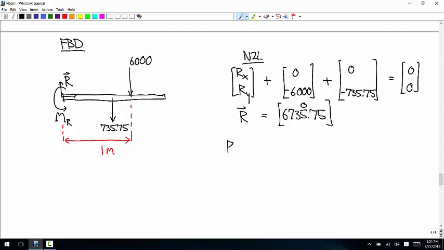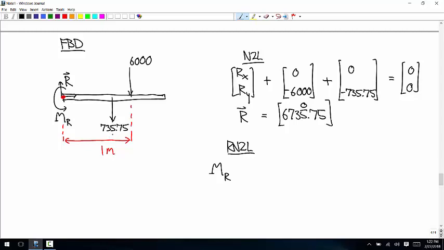And then the moment equation, we'll put the about point over here. So we have the couple MR. We don't have any moment produced by that force R. Then we have that force of 735.75.